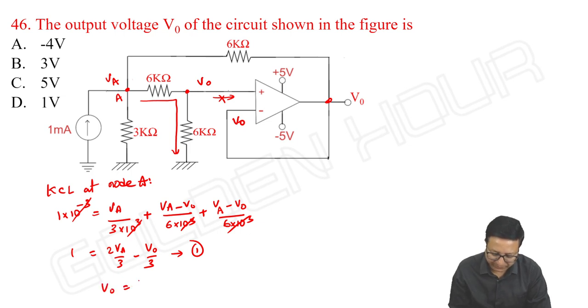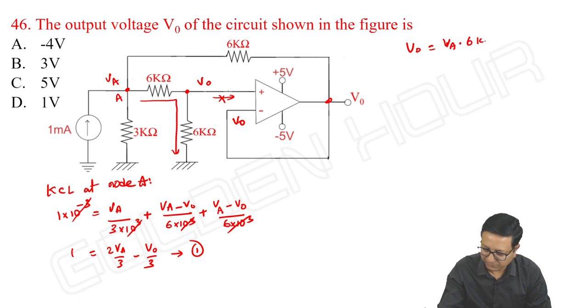V output is equal to VA by 2, or VA is equal to 2 times V output.